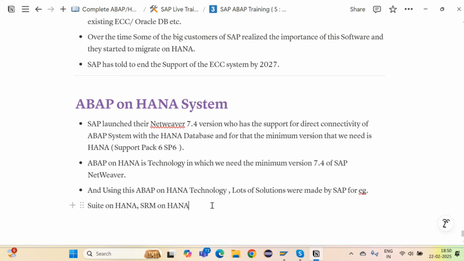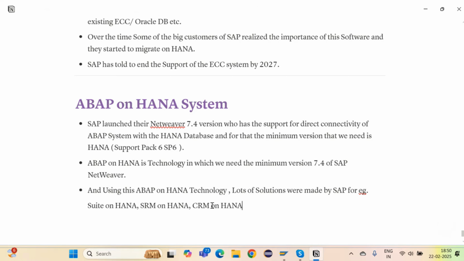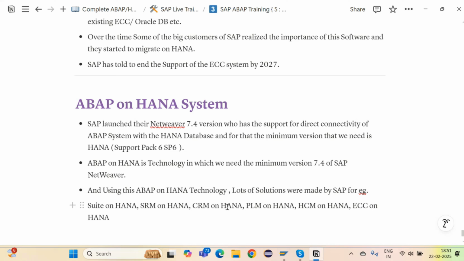So SRM on HANA, CRM on HANA, SCM on HANA, HCM on HANA, ECC on HANA also. So they had given the connector of the 7.4 version which was used.